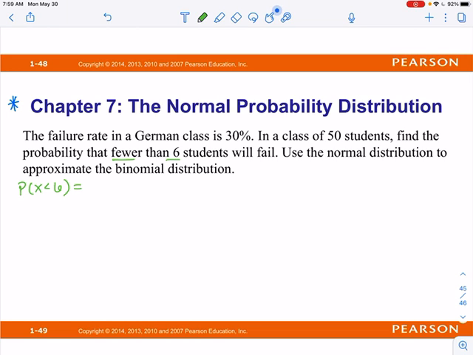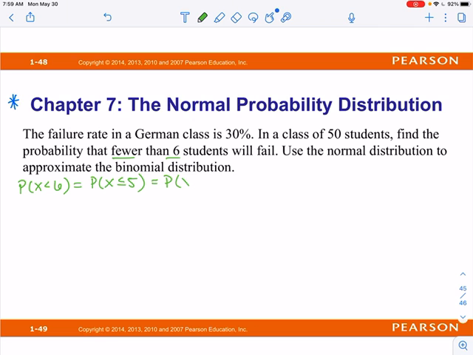The first number that's less than 6 is 5, so we're really looking for the probability that x is less than or equal to 5. Now that we have the equal sign, we need to make our adjustment. We need to move our bar a little bit to the right, so we add 0.5. In the end, we're looking for the probability that x is less than or equal to 5.5.